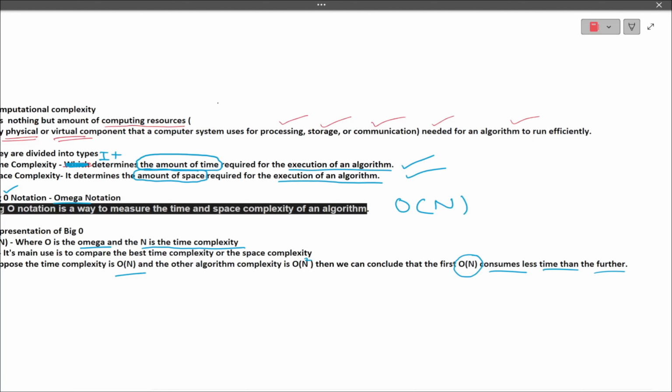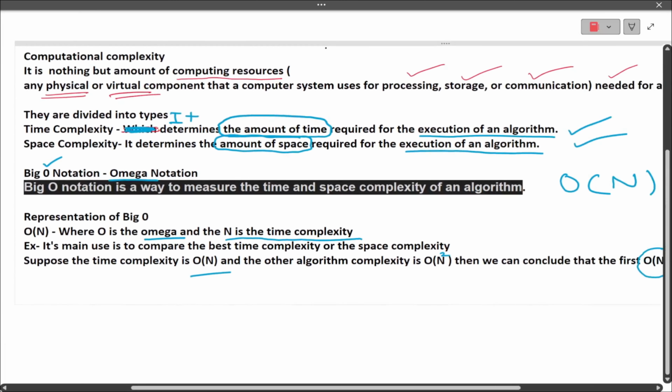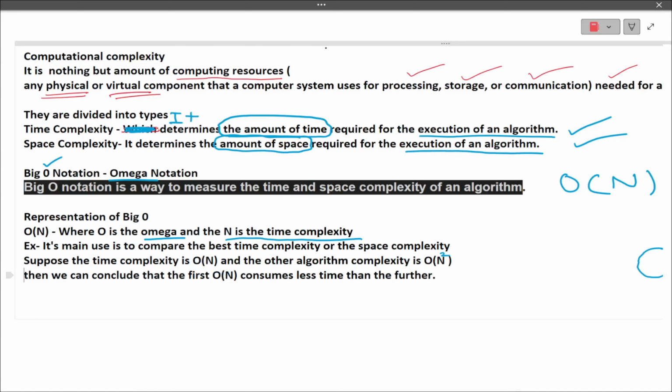Let me zoom this particular part if it's not visible. Just a moment, I am bringing it down. Now it's fine. So here it says that suppose in any of the programs you have checked, you have found that the complexity of one algorithm is O(n) and the complexity of another program is O(n square).